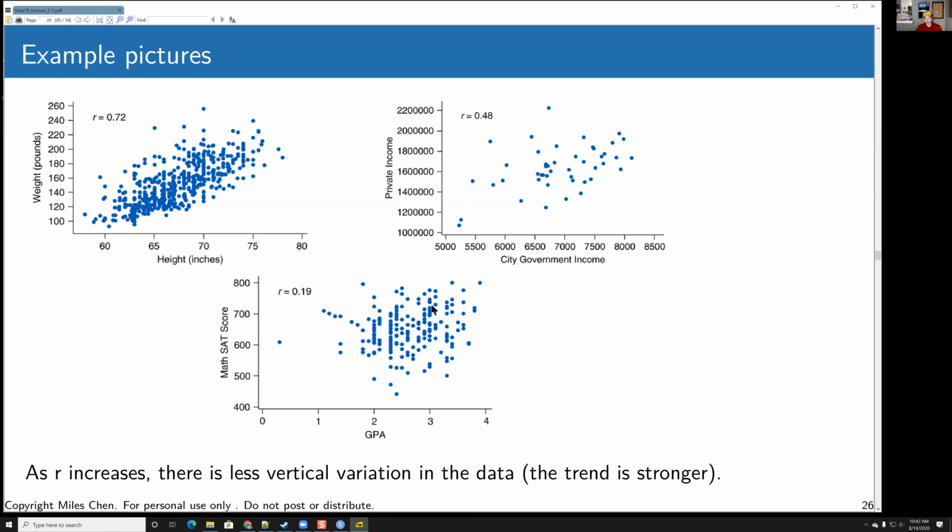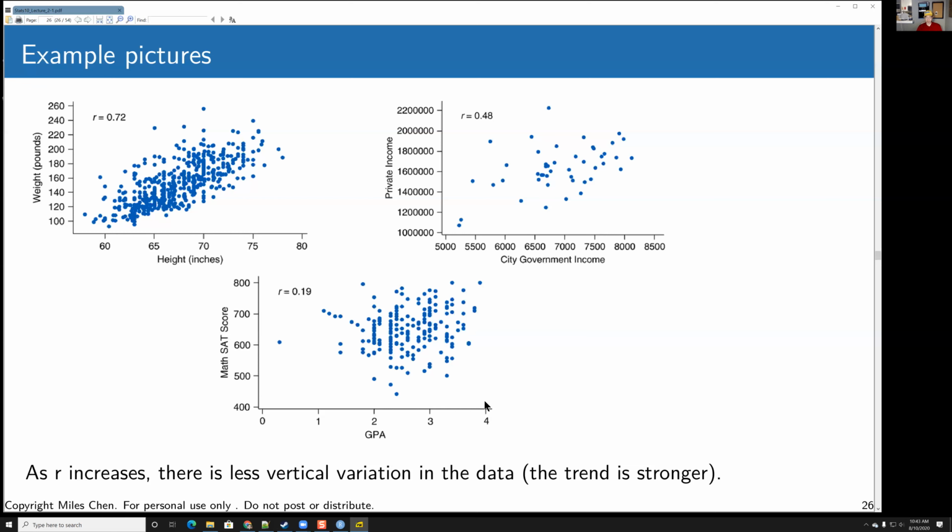So when R is going down, there's a lot more scatter. And this is just asking, is there a relationship between someone's GPA and their math SAT score? Apparently that relationship is fairly weak. This would probably apply to the general population. I imagine if you looked at UCLA admits, most students had very high GPAs and very high math SAT scores.